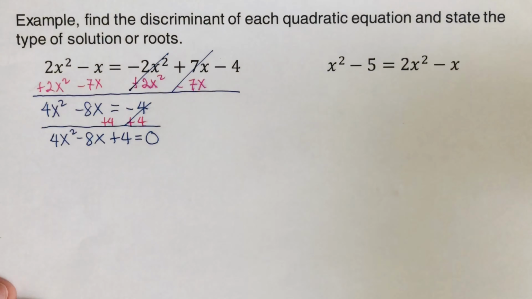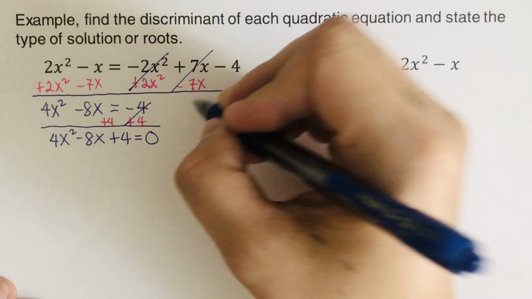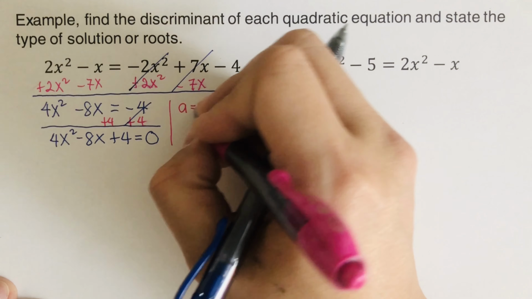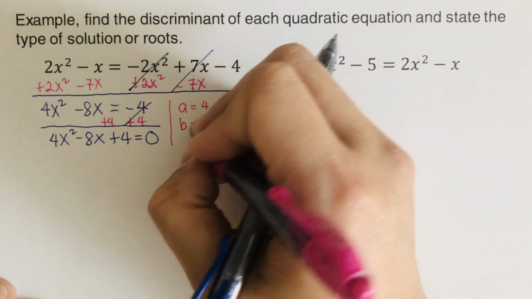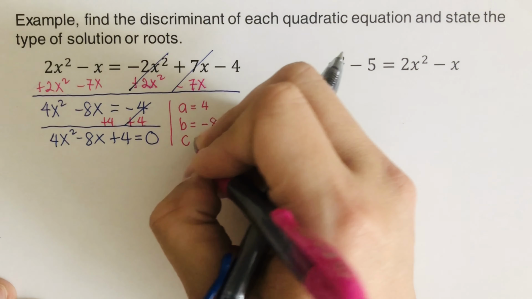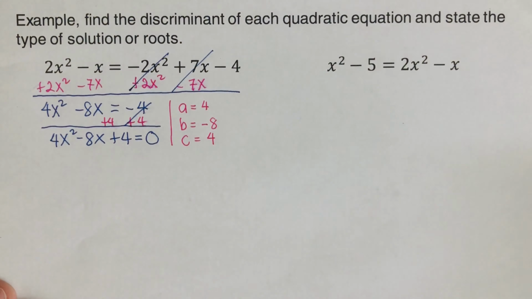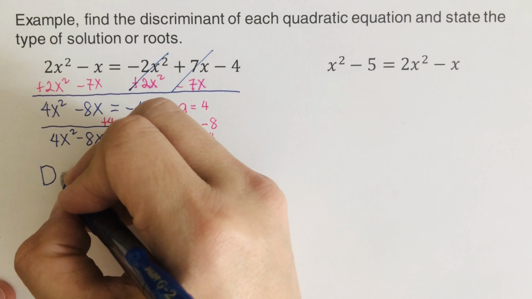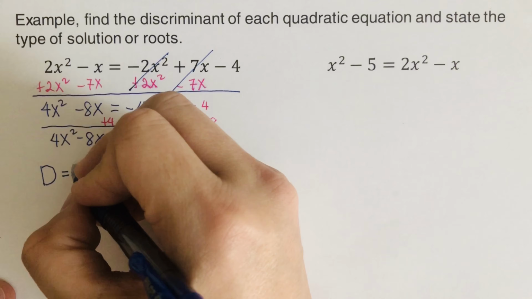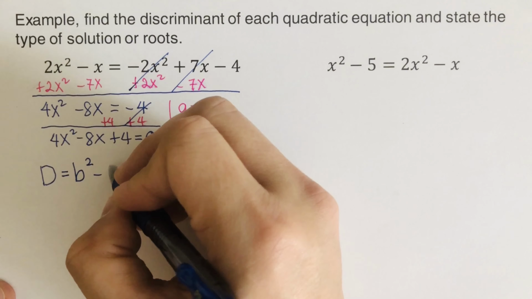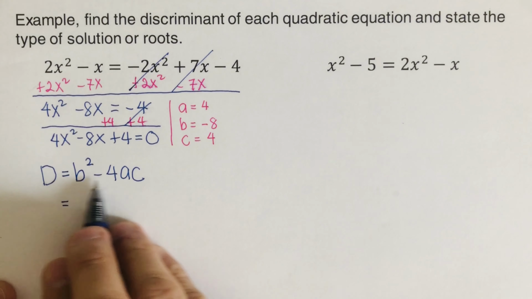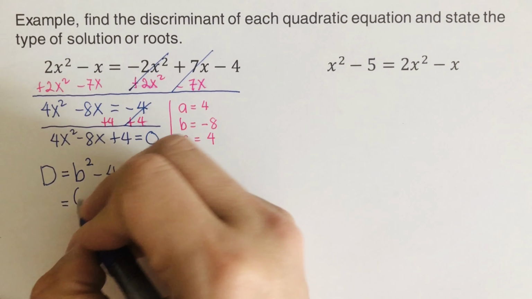So our A here is 4, our B is negative 8, and our C is 4. Then we're ready to plug it into the formula for discriminant so that we can describe the shape of the graph. Discriminant is B squared minus 4AC. Again, we change the letters into parentheses before we plug it in.